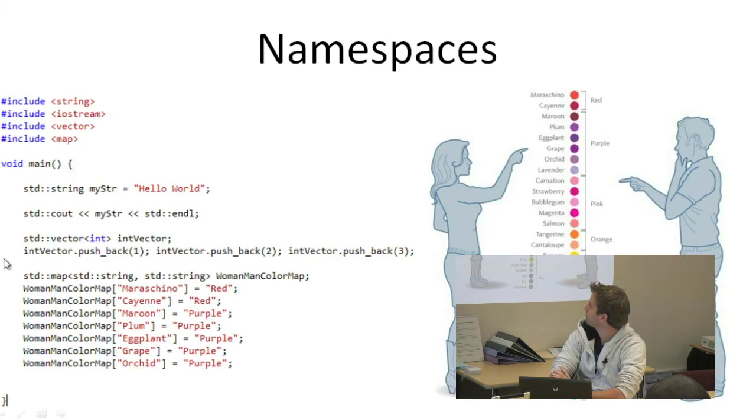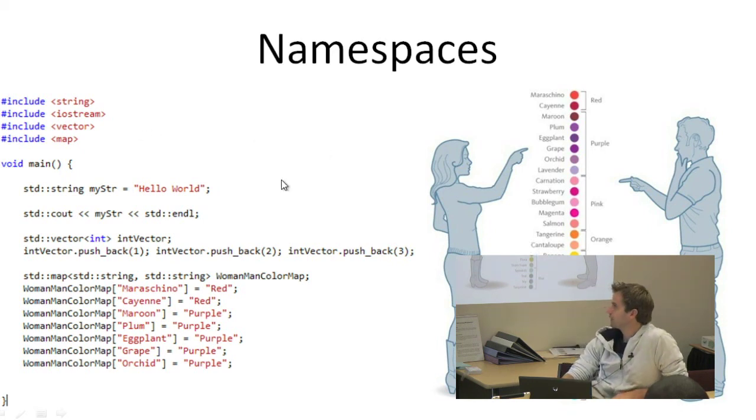And here's an example. So I found this image a while ago, and I thought it was kind of funny. So this is how women define colors versus how men define colors. So what we could do is, if we wanted to develop something which maps from women's colors to men's colors, we can use, just sort of gave the name away, a map. So this maps from one thing to another thing. So here we create a standard map, and basically a map says we map from one type of thing, a standard string, to another type of thing, another standard string.